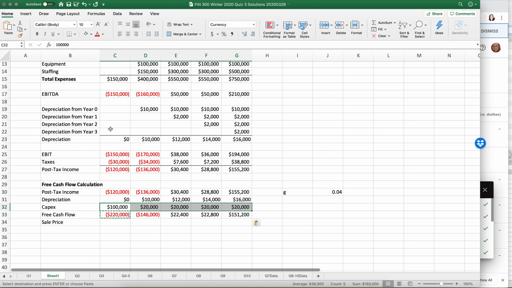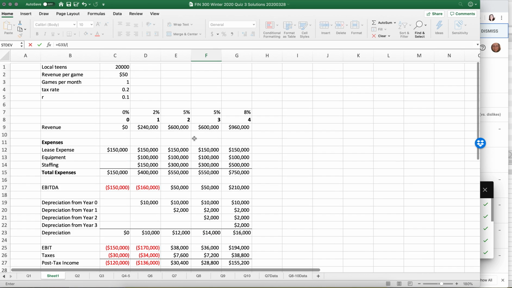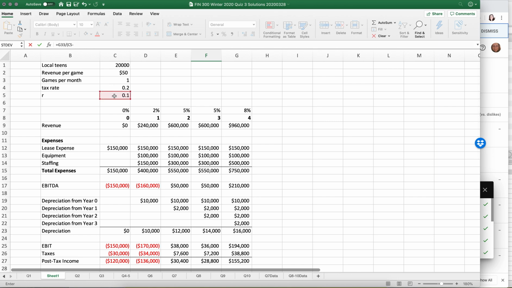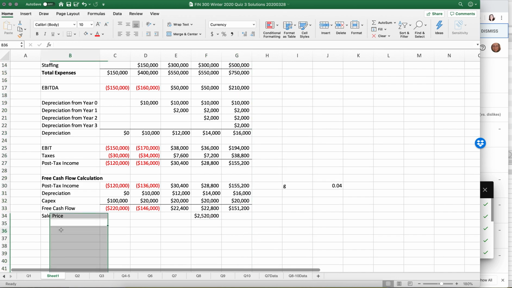Let me add a fancy little bottom line there. Okay, so we're going to sell here, and it's going to be a perpetuity. This is R. This is G. That would be our sale price. So we don't have to worry about column 4 anymore.